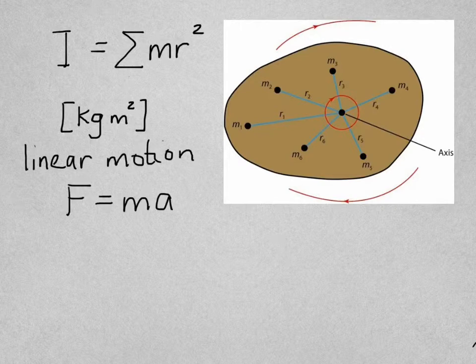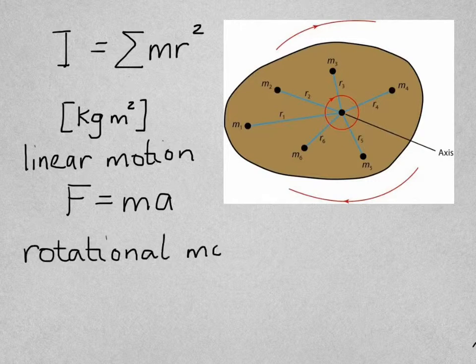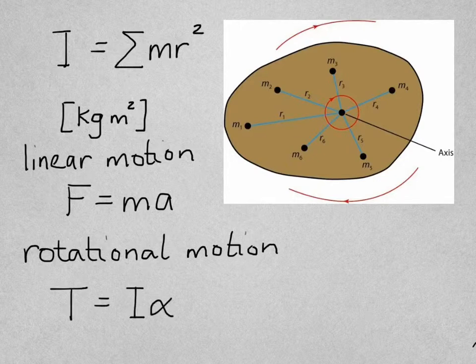Now, how do you use that? In linear motion, we're very used to the formula F equals ma. Force is mass times acceleration. So if you're trying to accelerate something and apply a force to it, the bigger the mass, the smaller the acceleration. So it's harder to accelerate a big mass. In rotational motion, we've got an equivalent, which is T equals I alpha.